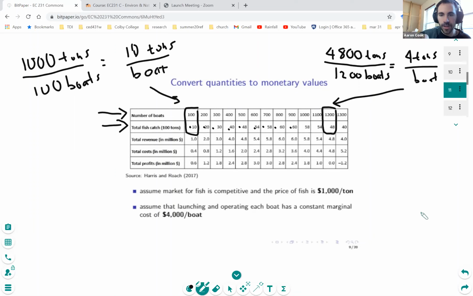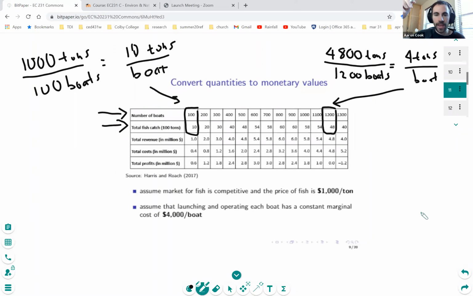So the total catch starts to go up, but at a decreasing rate. Eventually it levels off around 6,000 tons here. These are in units of hundreds of tons. It levels off at 60, and then it reduces down from there as you add more boats. That's the absolutely diminishing returns that we saw before.